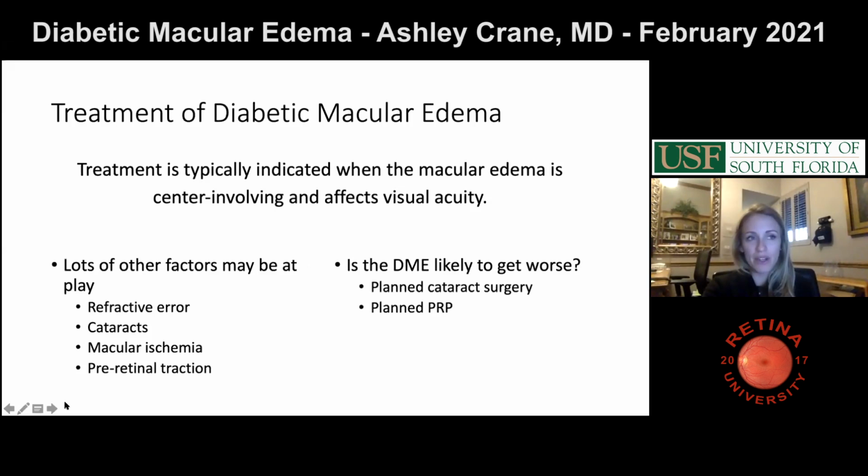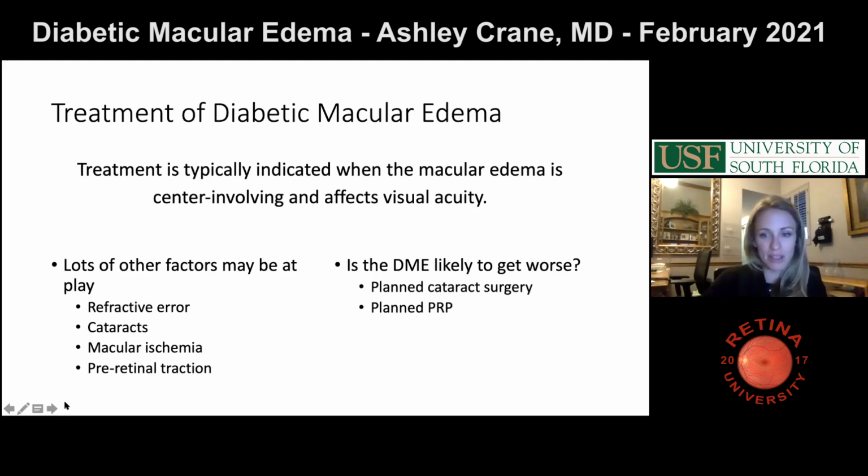But you have to know your patient population. If you think that they might not come back, the PRP, if they have PDR, is by far the most important, so you have to get that done. But it's nice, like in cataract surgery or PRP, to get ahead of the edema by treating it at least once in advance, so that it doesn't get so much worse that the patient is very upset about having had the PRP.